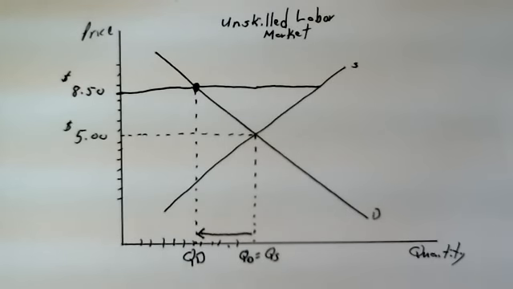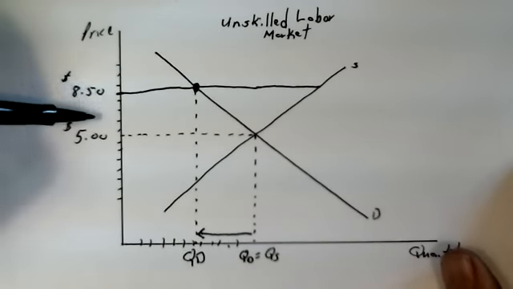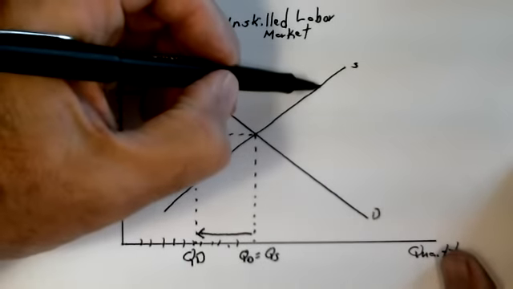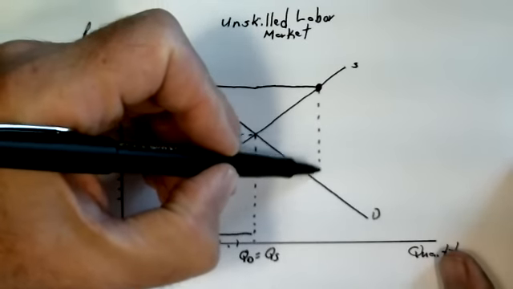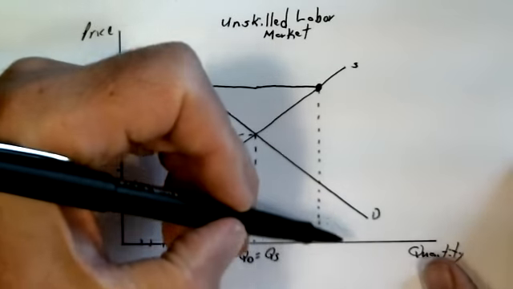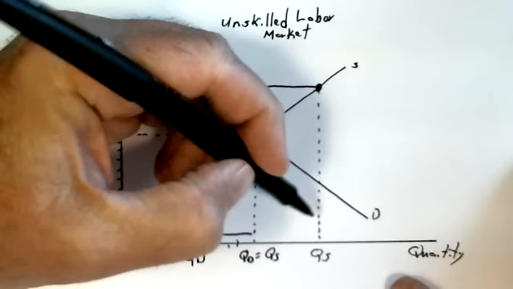And I go over how a change in price does not move a supply curve, or for that matter a demand curve. But it is true that at the higher wage of $8.50, a lot more people are going to be eager to work. That's the quantity supplied. So the quantity supplied increases way out to here.